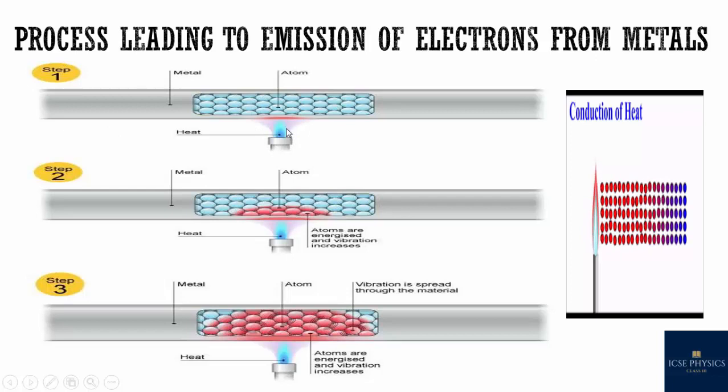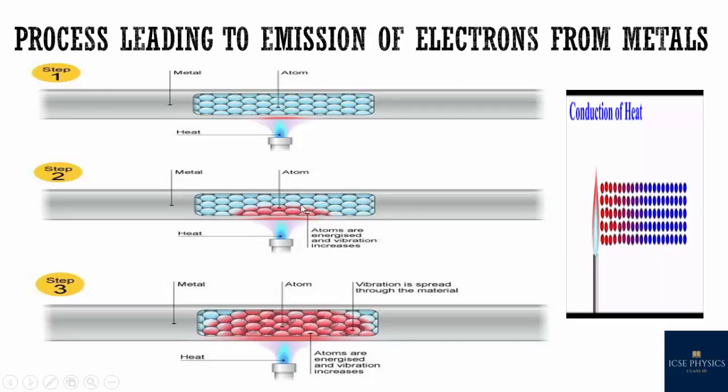If energy in the form of heat or thermal energy is supplied to the metal rod, what happens when the energy reaches the atoms? The atoms are energized and vibration increases.